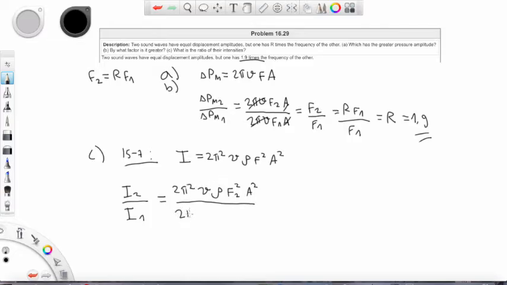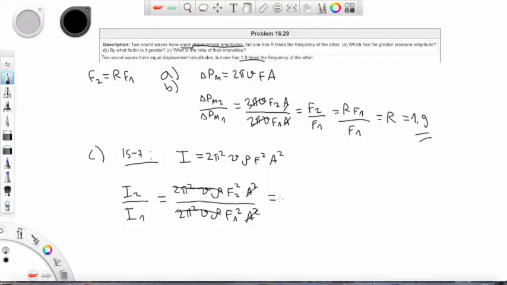For I1, 2 pi squared V rho F1 squared and amplitude squared. So again, a lot of things cancel out. These are the same, these are the same. So are their displacement amplitudes, as said here, they are equal.